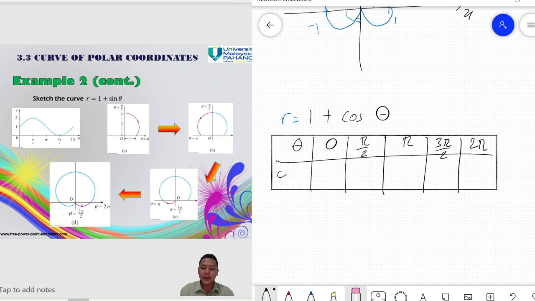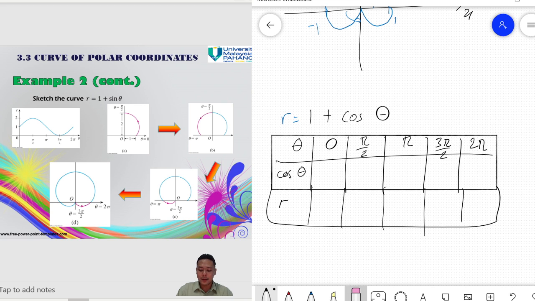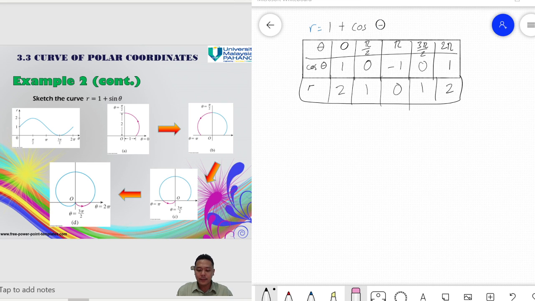You try to find cos theta and you try to find R, where R is 1 plus cos theta. Try to calculate it first. You may pause the video. Now I hope you get the values and complete the table.